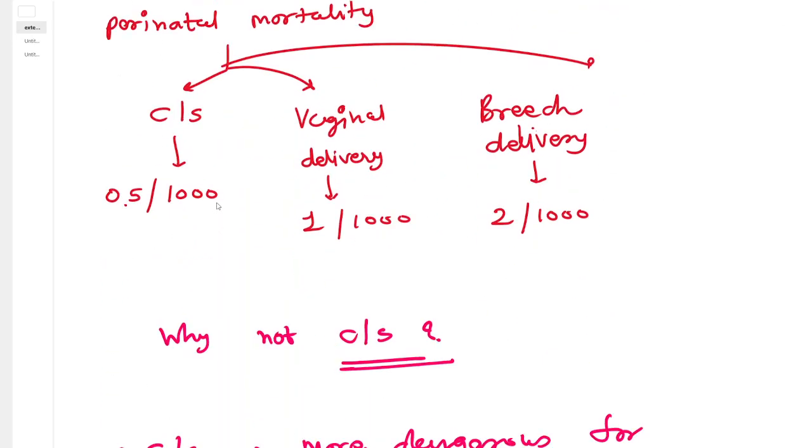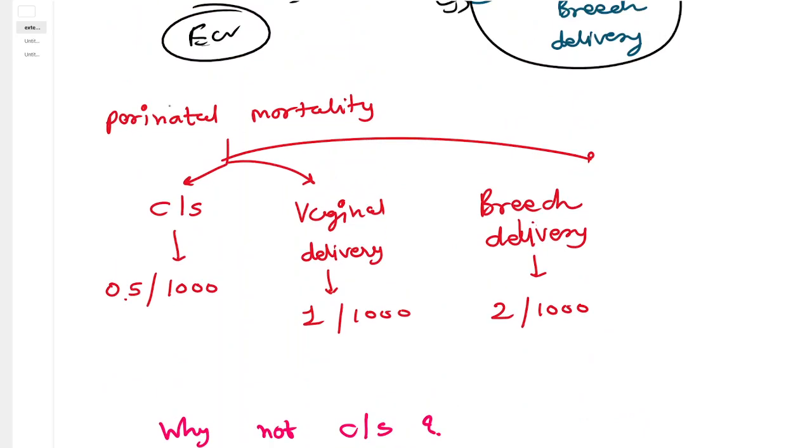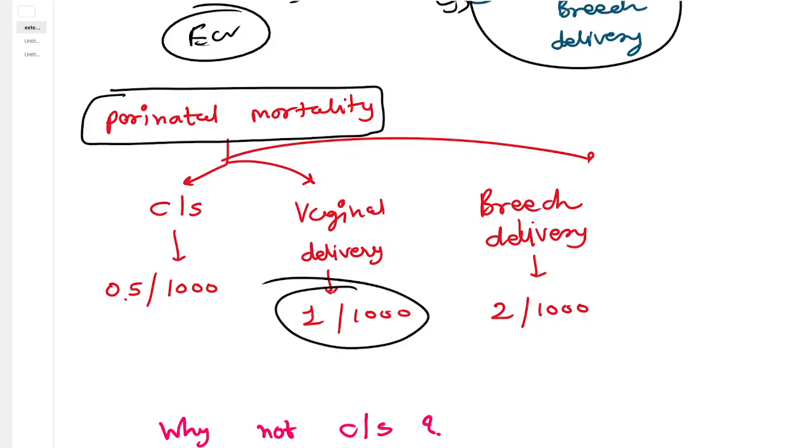Now let's take the statistics of the perinatal mortality. In a developed country, the perinatal mortality usually is 1 per 1000 births in case of normal vaginal delivery. So let's say if there are 1000 normal vaginal deliveries with vertex presentation, the perinatal mortality is 1. Now with the cesarean section, the perinatal mortality is reduced to half, 0.5.